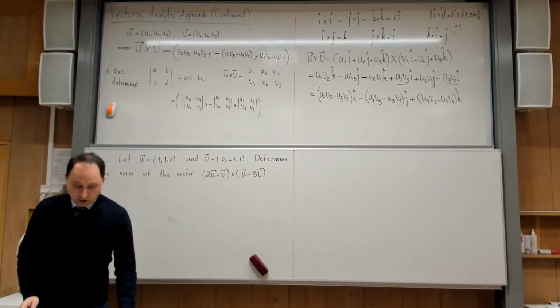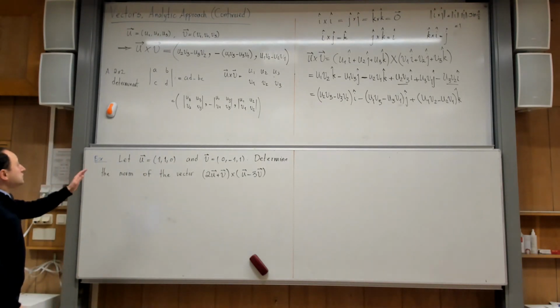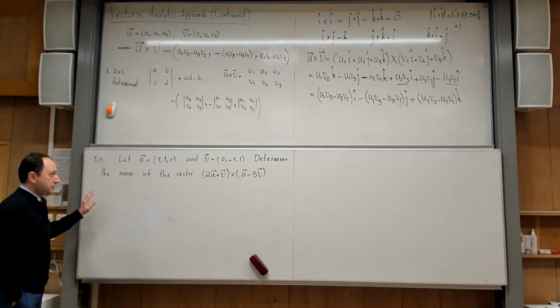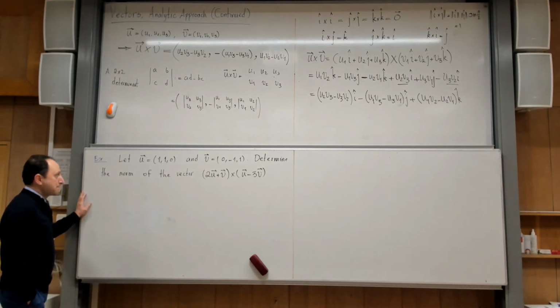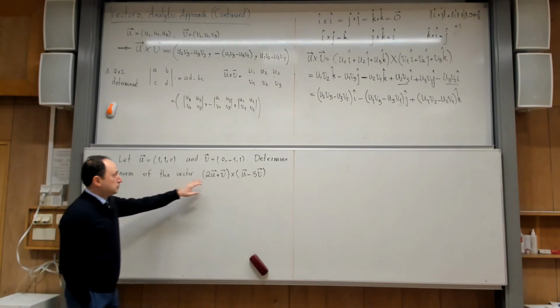So we want to calculate the norm. Here, in the analytic approach, we actually can calculate things precisely. So I have given you 2 vectors, and I am asking you to determine the norm of this vector.